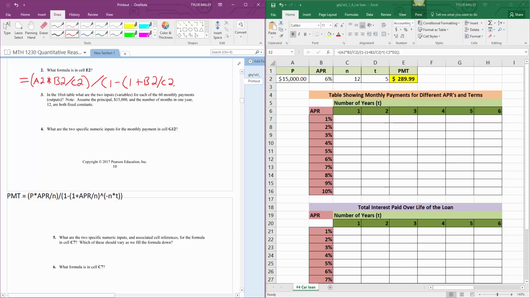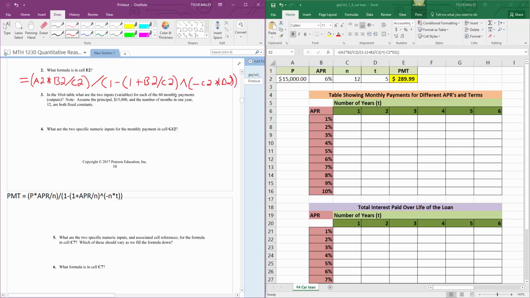close the parenthesis, and then a caret key for an exponent, and then open parenthesis, negative N, which is C2, asterisk for times, and then T, which is D2, and then we need to close two parentheses.